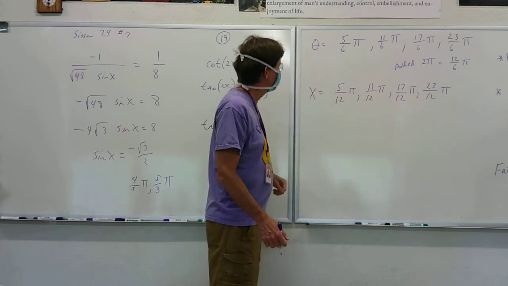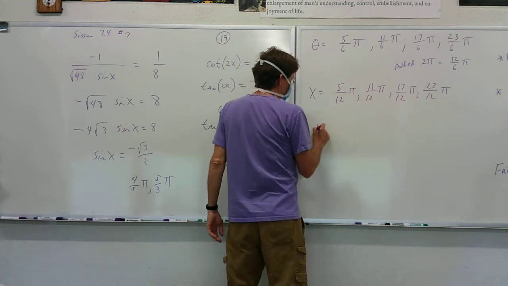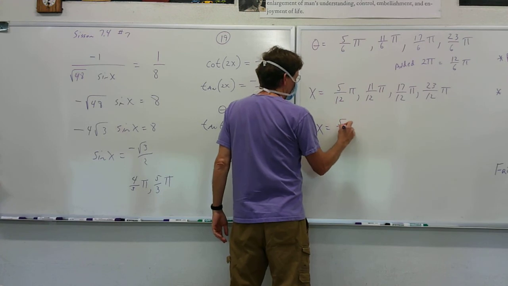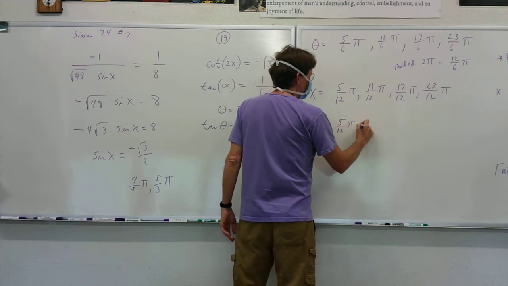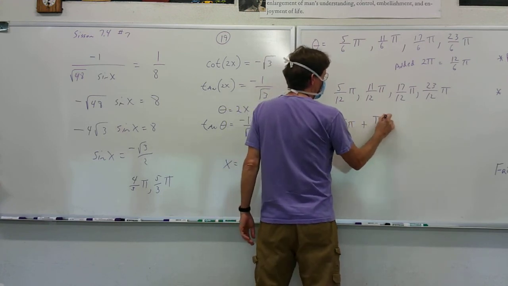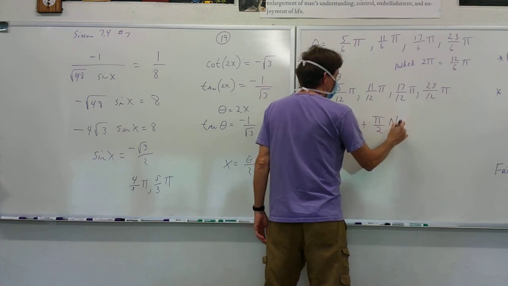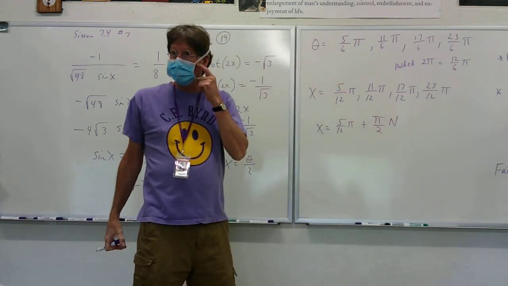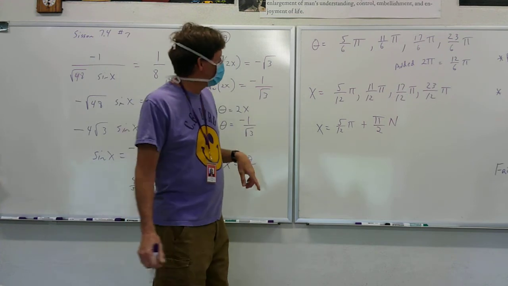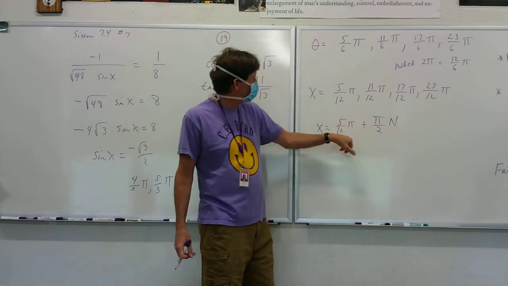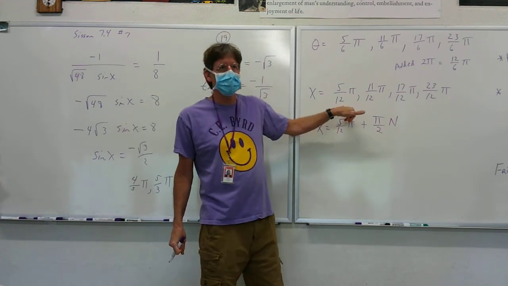It looks like you could just put x equals 5/12 pi plus pi over 2 times an n, where n's always a whole number. And let me show you why. If you put a 0 there, you just get what? 5/12 pi.